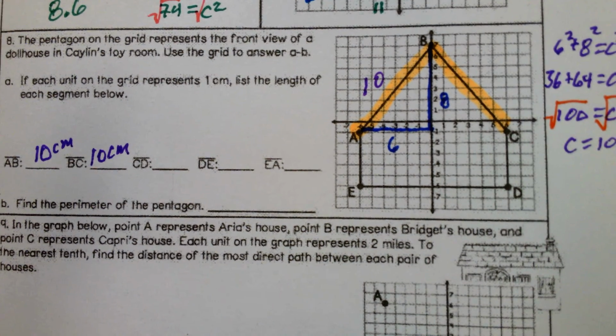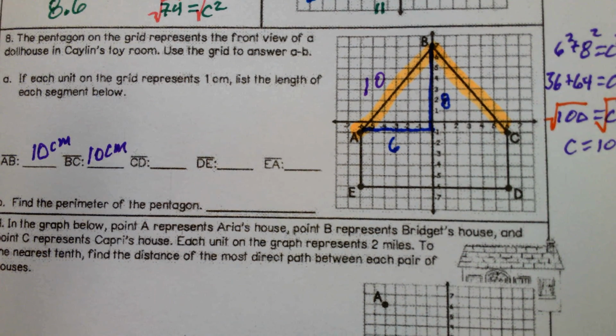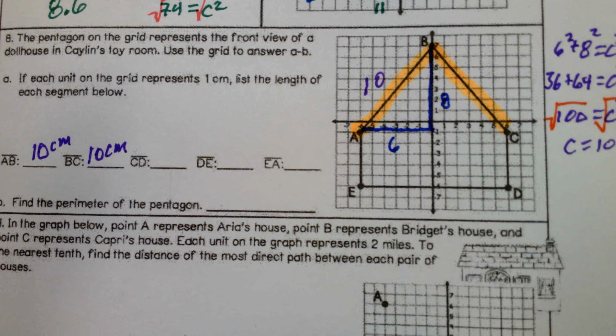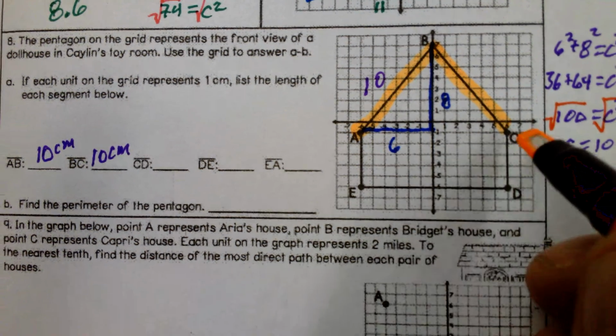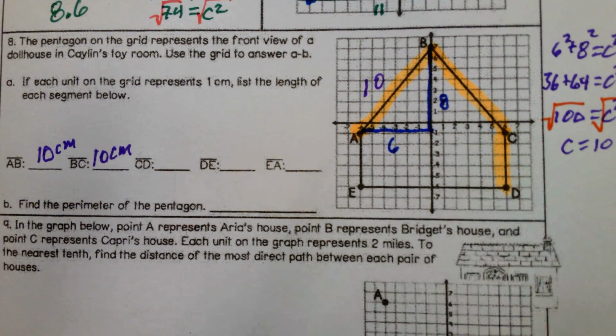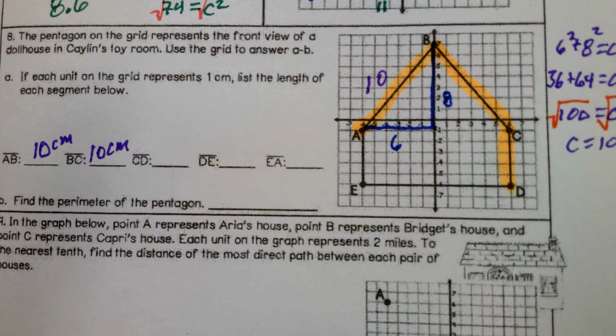So they're in centimeters. CD, well, that one we can count just straight up, right? And what is that, 5? 5 centimeters.